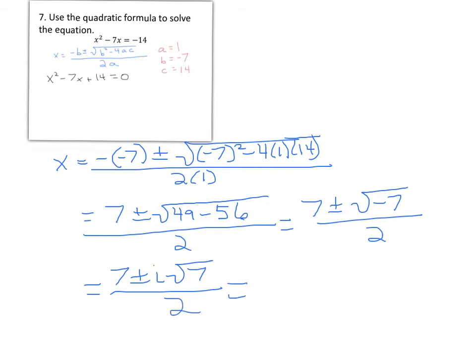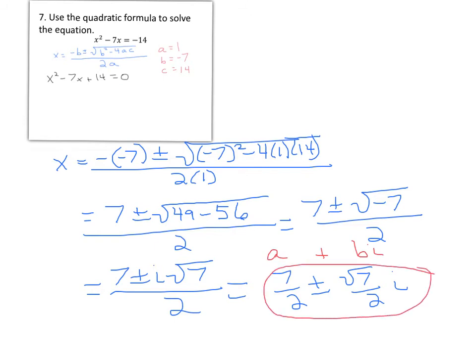And then you break it up to put it in a plus bi form. So we're going to have 7 halves plus or minus the square root of 7 halves times i. This is the final answer.